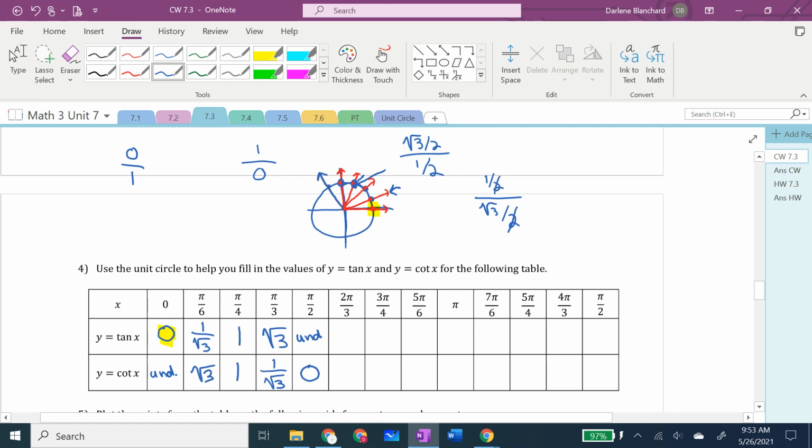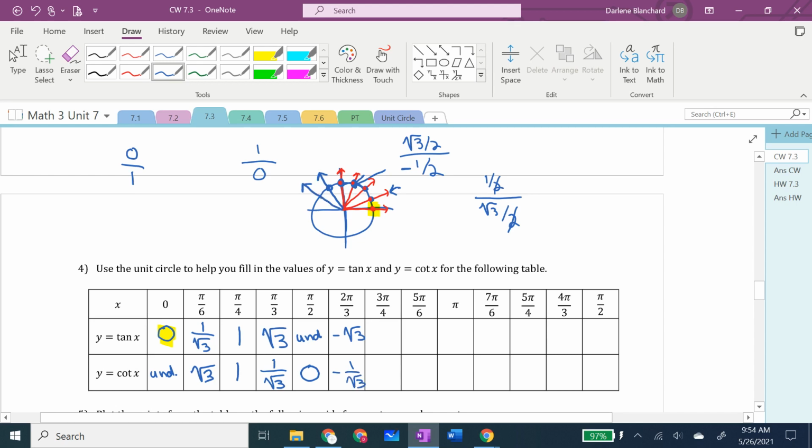So 2 pi over 3, the tangent value is showing actually a negative x-coordinate with a y-coordinate of positive √3 over 2. So I'm getting negative √3. The reciprocal is negative 1 over √3.